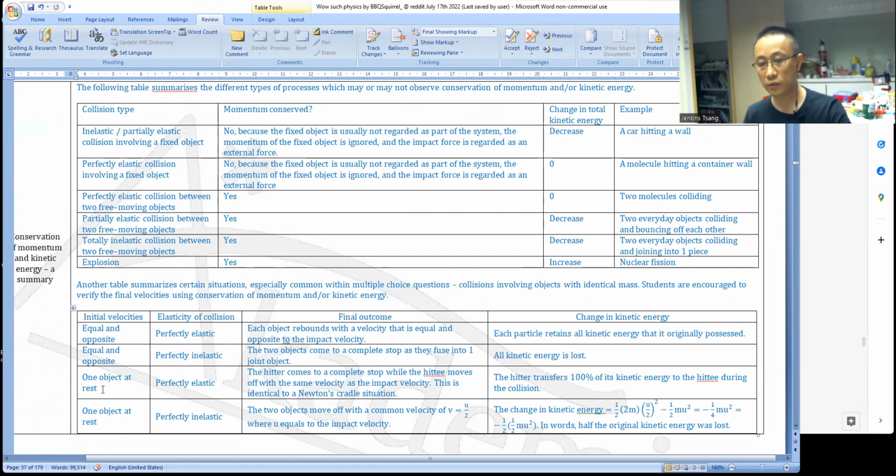And then there are some other collisions when you have one object at rest being impacted by another identical object, and the collision is perfectly elastic. This is the case where the hitter will transfer 100% of the kinetic energy to the hittee. And I think this last situation showed up in a multiple choice question within the specimen paper like 7 or 8 years ago.